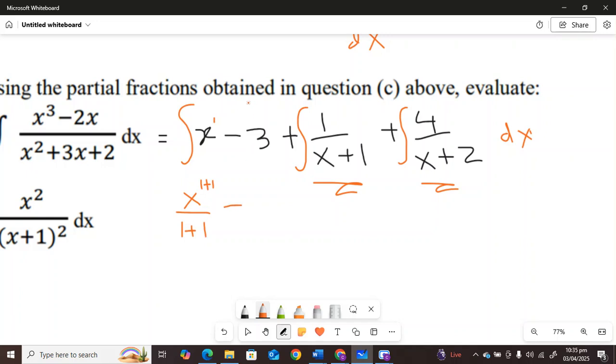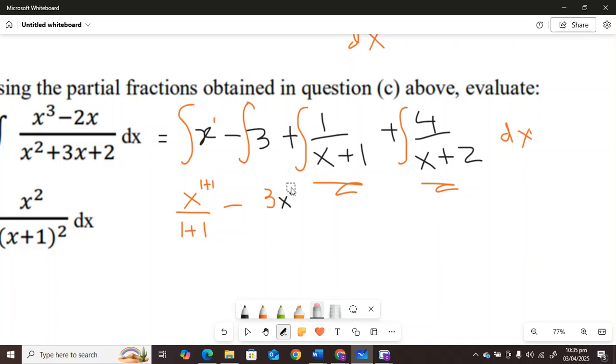Minus, or even this 3 here. Every single term is going to be integrated. Okay. So even this 3, we're going to integrate it. Since it hasn't got a letter, it's like saying 3x to the power 0. Remember, colleagues, x to the power 0 is just the same as 1.